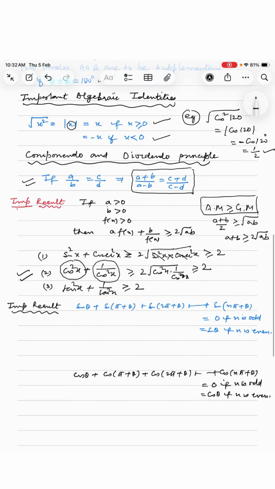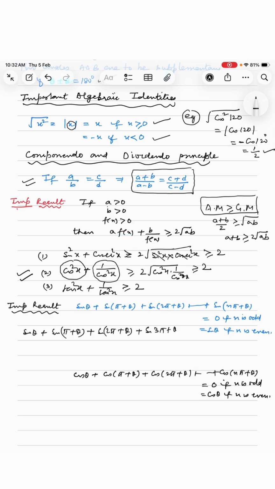Then after that, there are some important results, that is sine theta, sine pi plus theta, plus sine 2 pi plus theta, plus so on up to sine n pi plus theta. It is always 0 if n is odd. Now for example, sine theta plus sine pi plus theta plus sine 2 pi plus theta plus sine 3 pi plus theta.